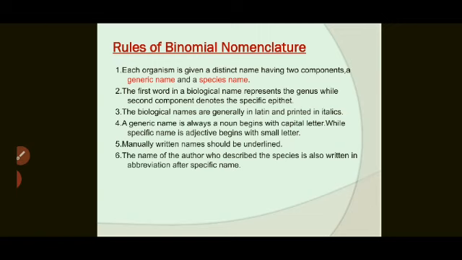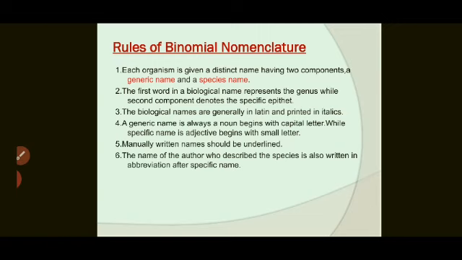The biological names are generally in Latin and printed in italics. So, when they are printed, they have to be printed in italics. Fourth, a generic name is always a noun, begins with a capital letter, while specific name is an adjective, begins with a small letter.